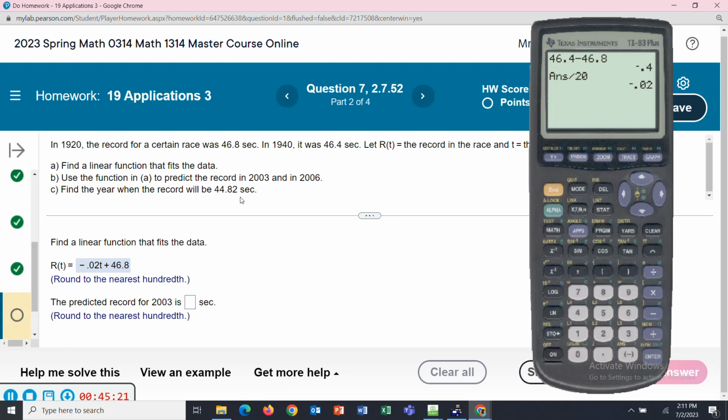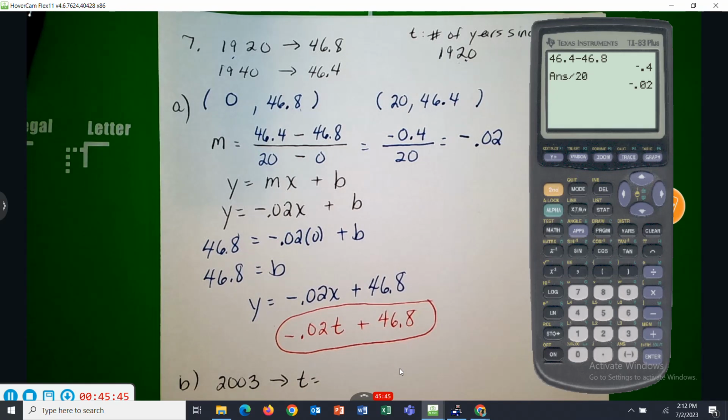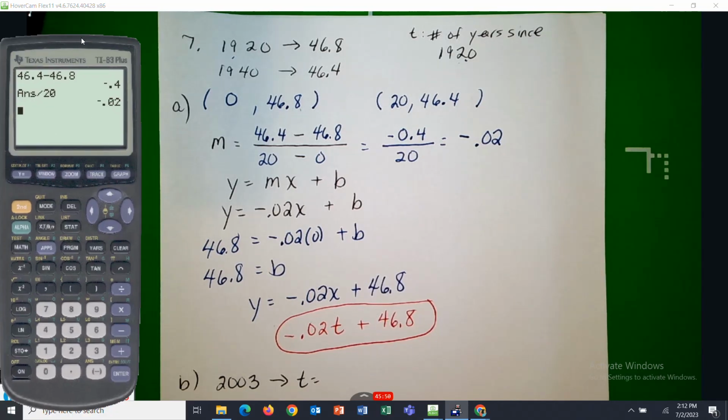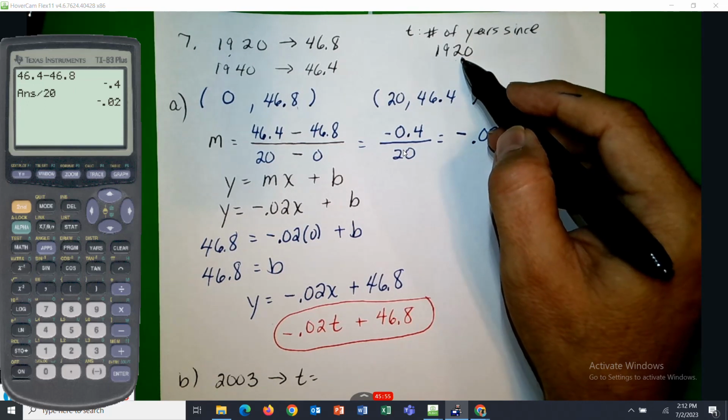Part B says, use the function to predict the record in 2003 and in 2006. So this is part B. All of this is part A. Part B, in 2003, now t is the number of years since 1920.